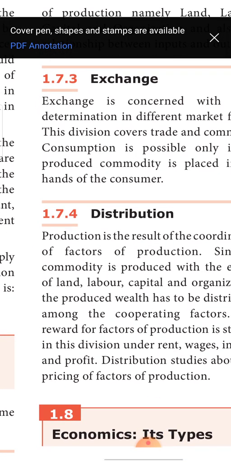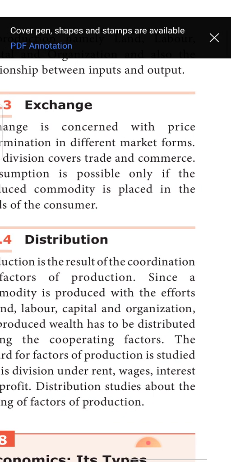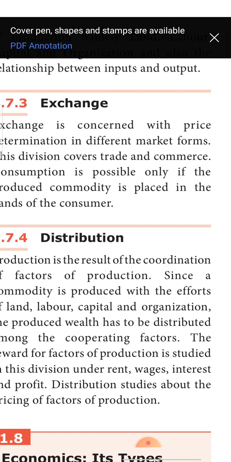With this I shall finish today's class, children, and for today's homework I want you to write question number 30. That is the different types of economic activities. What are the different types of economic activities?